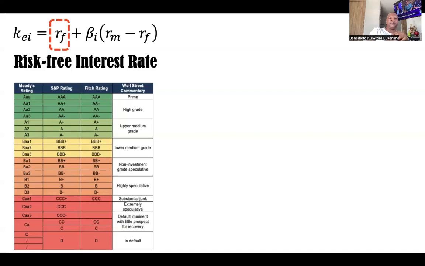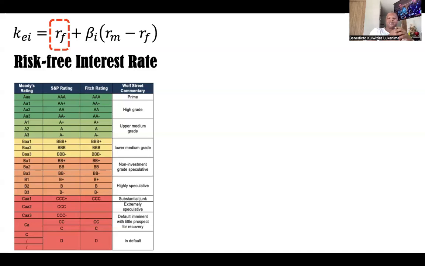This table is an example of credit ratings by major rating agencies, Moody's, S&P, as well as Fitch. It's very important to understand that the ratings start with a prime rating, the top, that can be AAA, a risk-free asset for government bonds.